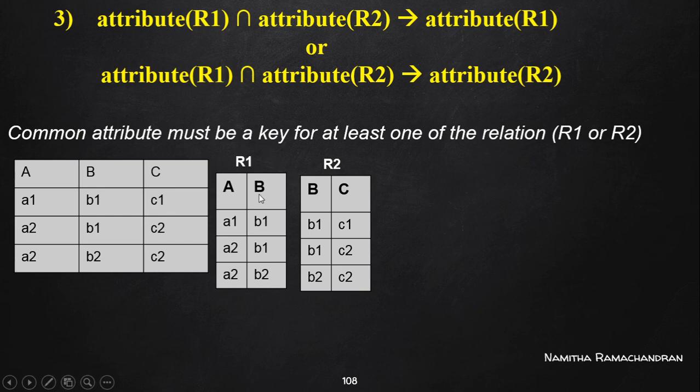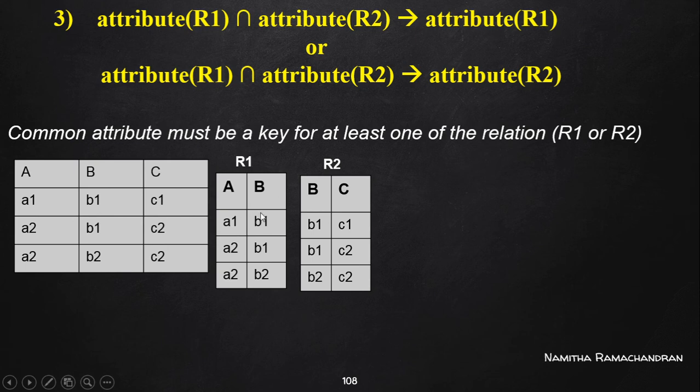Okay, so now check. Here we have B1 and B2 as the values of B. Using these B values, B1 is related with A1 and A2. B2 is related with A2.